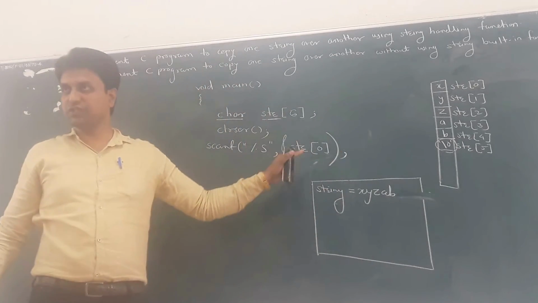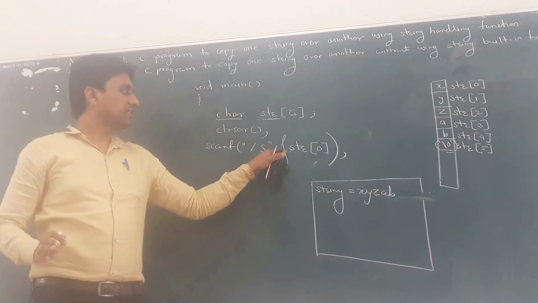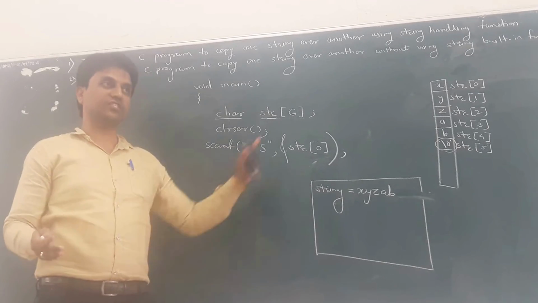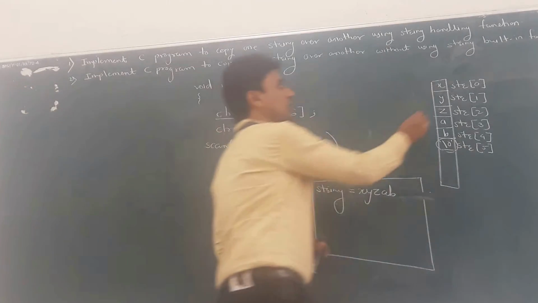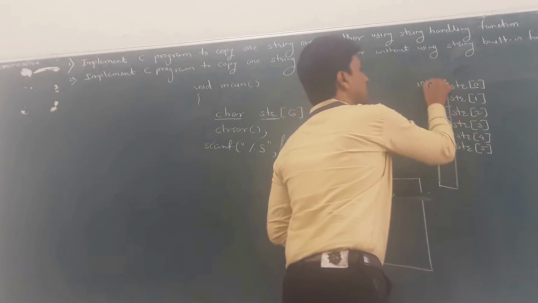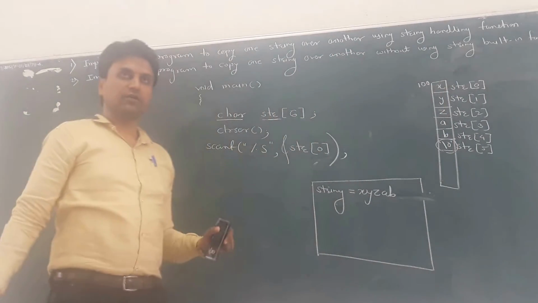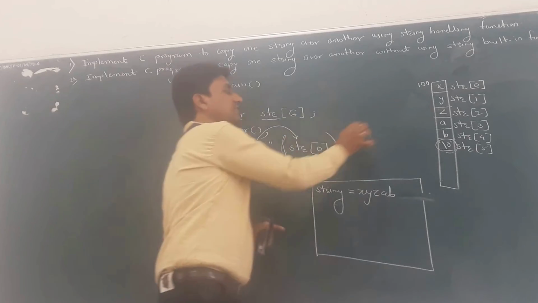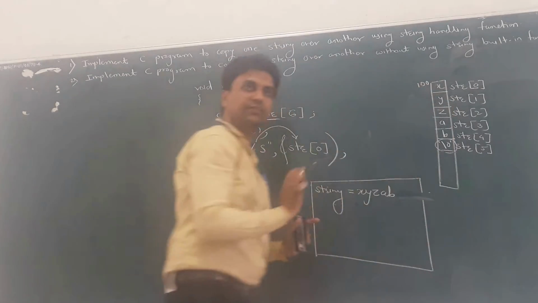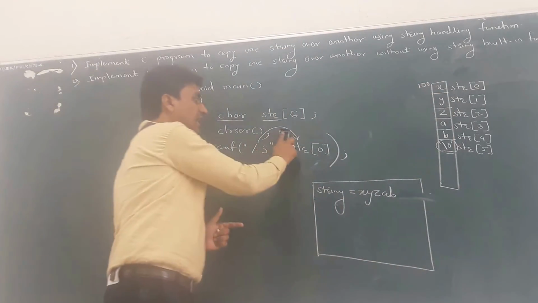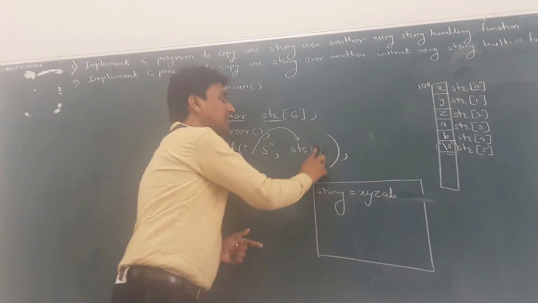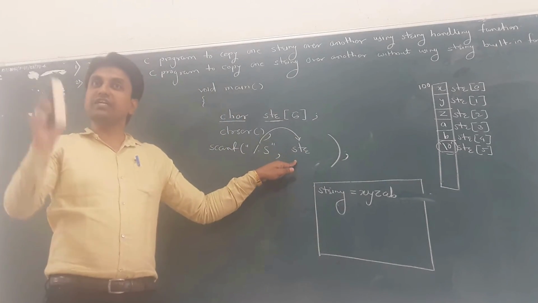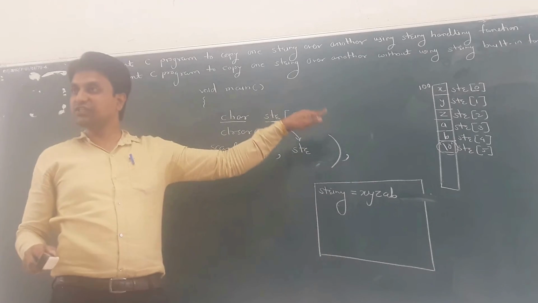&str[0]. What is the meaning of this? This gives you the base address of this string. str[0] gives you the base address. Suppose the base address is 100. That means scan the string and store it starting from this base address. This is the meaning. And if you don't write ampersand and [0], it also gives you the base address of that string.